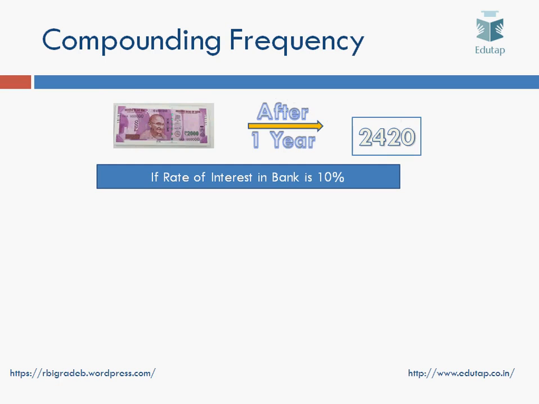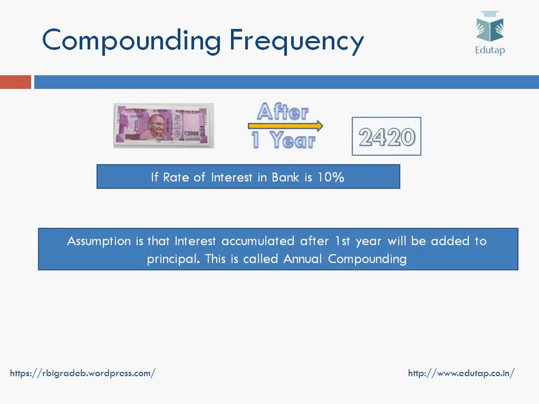Now we will discuss the compounding frequency. In the last example, we discussed that the interest on the first year would be added to the principal in the second year. That is, the interest accumulated in first year would again be part of principal and the interest would be charged on the total amount.